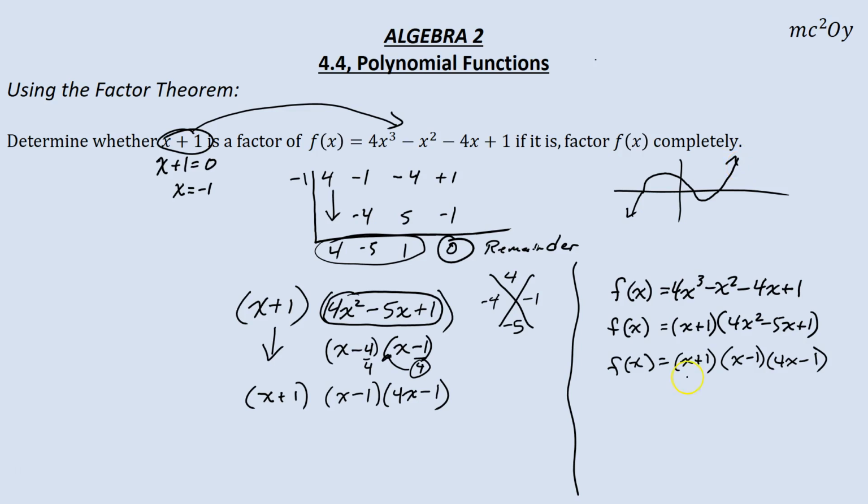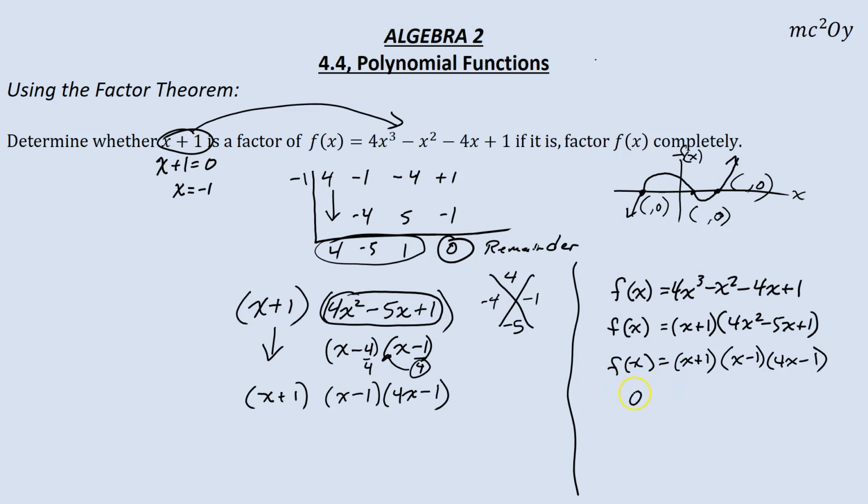That's when f of x equals 0. So this point is something 0, this point is something 0, this point is something 0. What are those? It's when f of x equals 0.